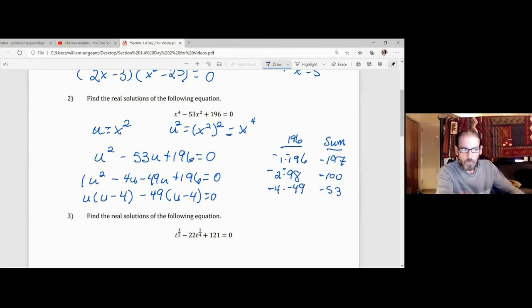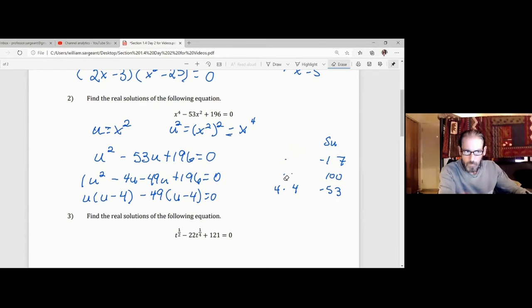Then we're getting either u minus 4 is equal to 0 or u minus 49 is equal to 0. And that will give us that u is either equal to 4 or u is equal to 49.